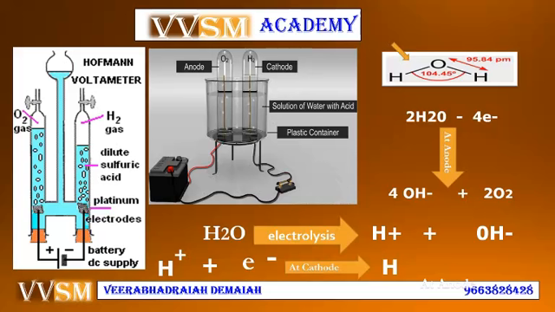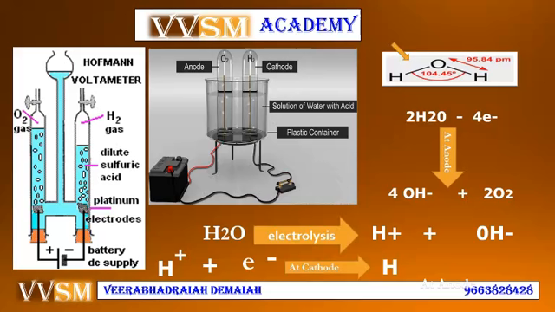During electrolysis, water splits into its respective ions, hydrogen plus ions and OH minus ions. Hydrogen plus ion reacts with 1 electron at the cathode and gives a hydrogen atom. This hydrogen atom again combines together and gives a hydrogen molecule.